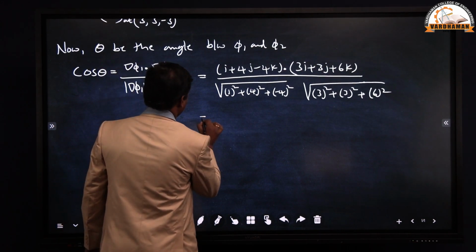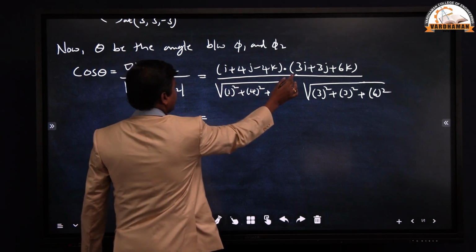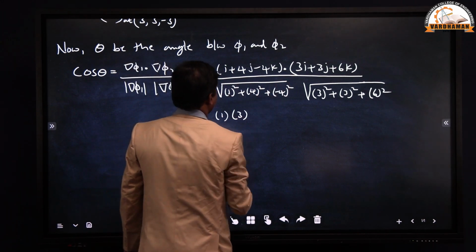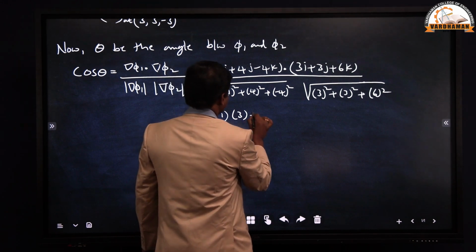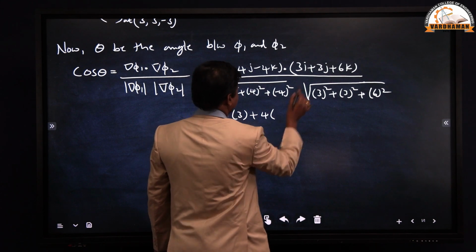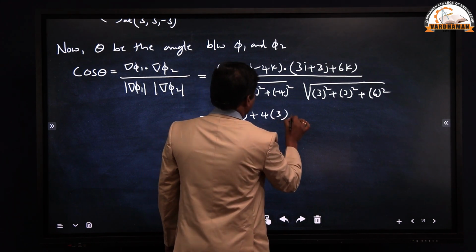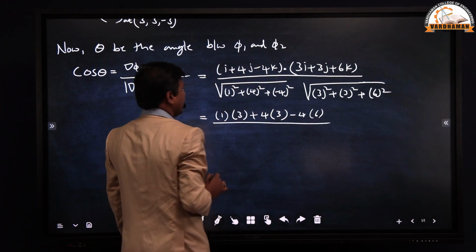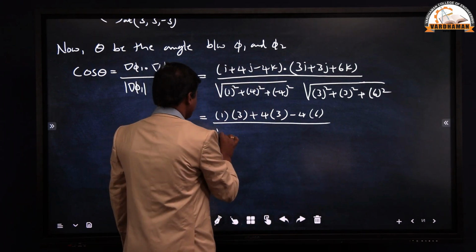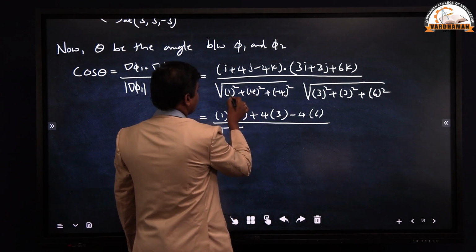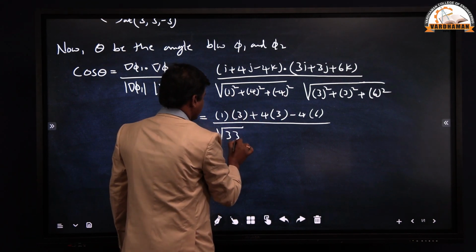This equals i coefficient into i coefficient, 1 into 3, plus j coefficient into j coefficient, 4 into 3, minus 4 into 6, by root of 16 plus 16, 32, plus 1, 33.